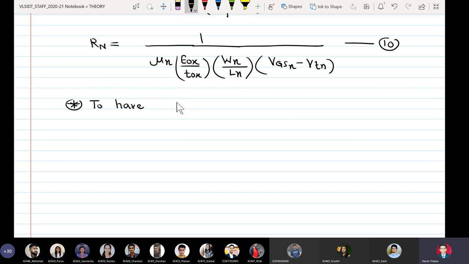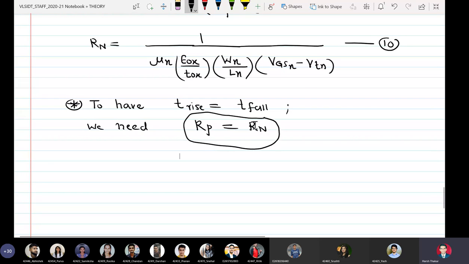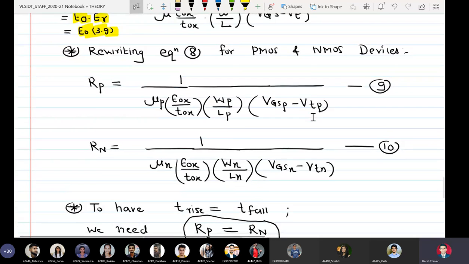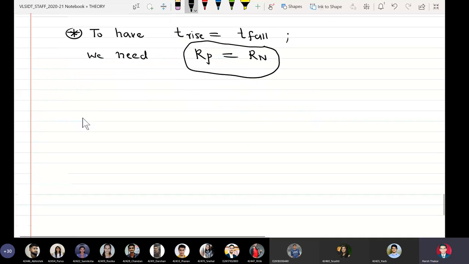To have T rise equal to T fall, we need RP equal to RN. So what I do is I take a ratio of both, RP upon RN.